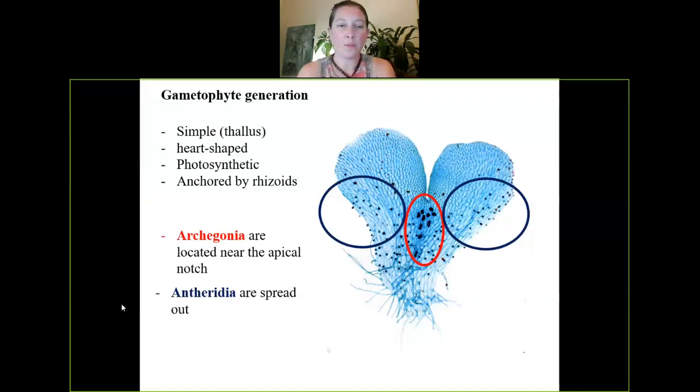You remember that term apical meristem from classes back? Right here is the location of a meristem, but it's kind of in this little notch. So that's why they call it the apical notch. You don't need to know the term apical notch, but just in case you see it. So the archegonia are located toward the center, and the antheridia are all spread out on the gametophyte plant of ferns.